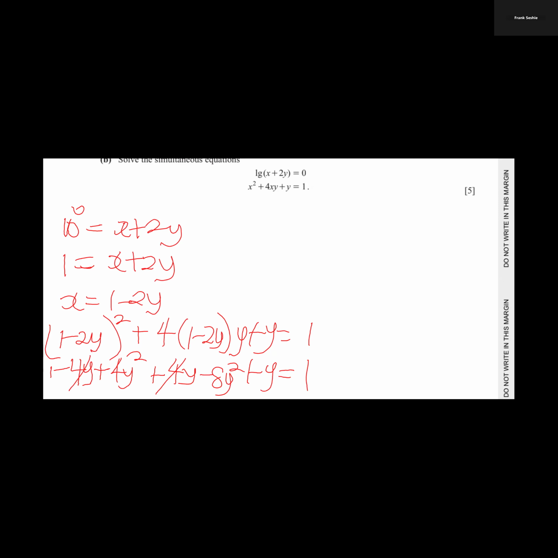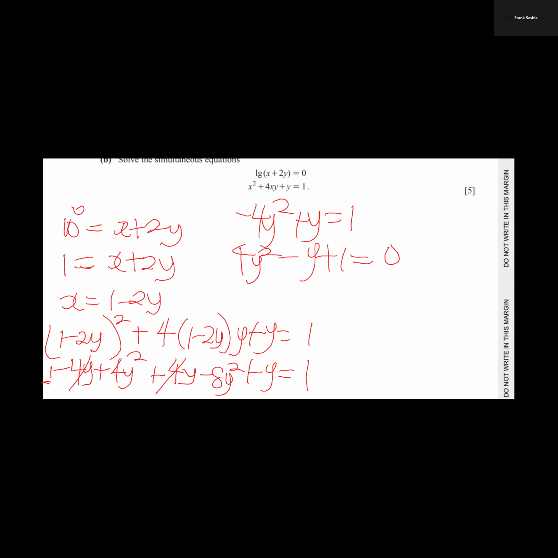4y minus 4y goes off. So 4y squared minus 8y squared is negative 4y squared plus y is 1. So that's going to be 4y squared minus y plus 1 is 0.